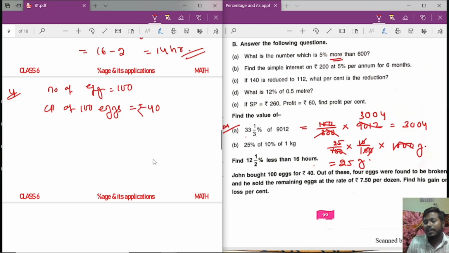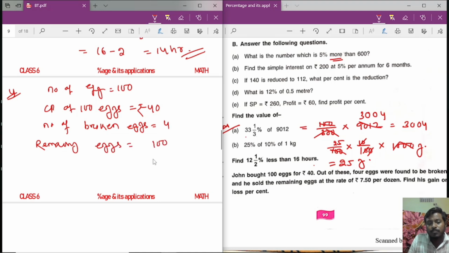Out of these, 4 eggs are found to be broken. So the number of broken eggs is equal to how many? 4. Now write down the remaining eggs equal to how much? 100 minus 4, that is 96 eggs.